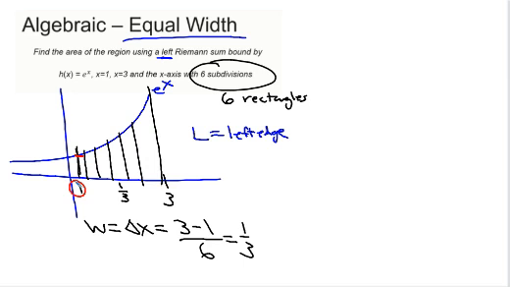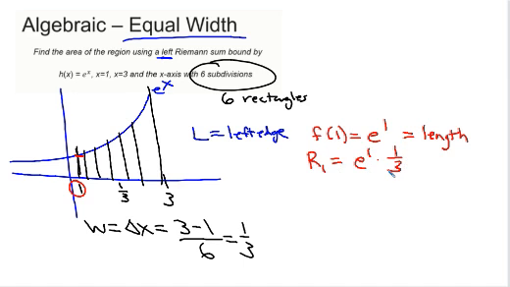So on this very first rectangle, f of 1 will be e to the first. And that is the length of the first one. So the very first rectangle, I will call this R1, is going to be e to the first times our width of the rectangle, which is 1/3.